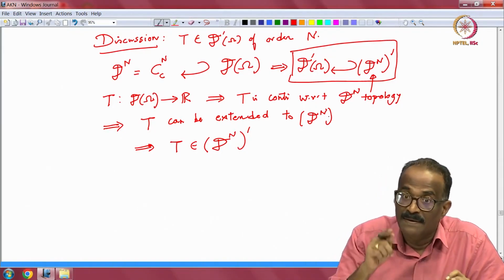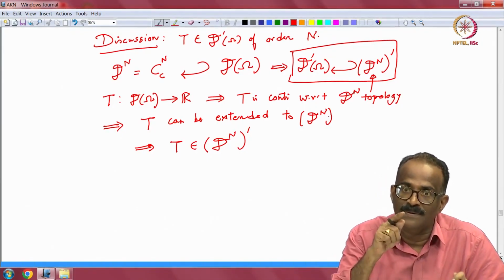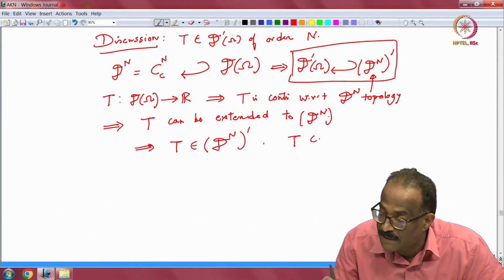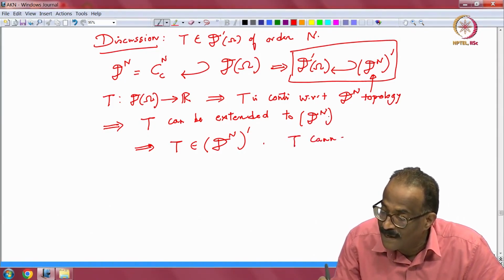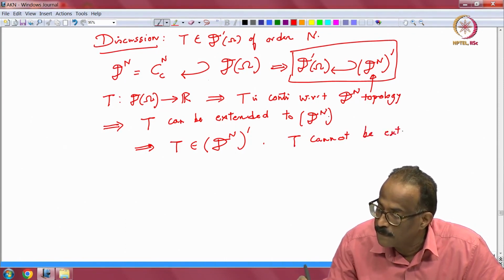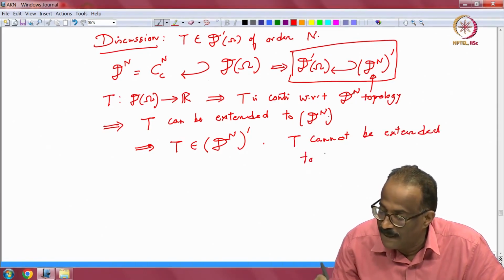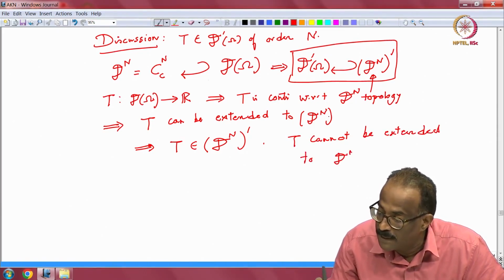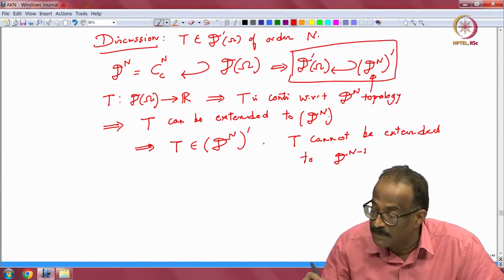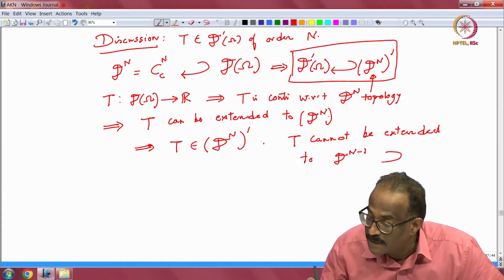And at the same time T cannot be extended to a lower one, D^(n-1), because D^(n-1) is a bigger one.